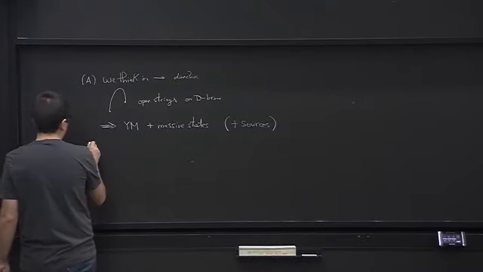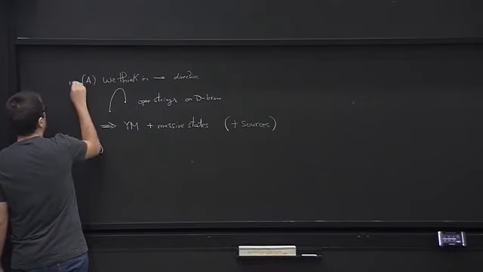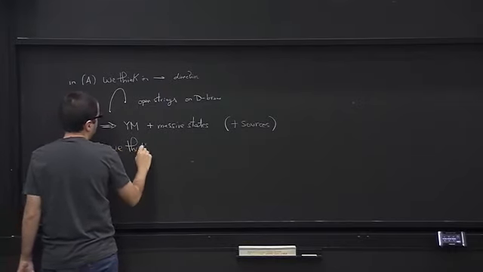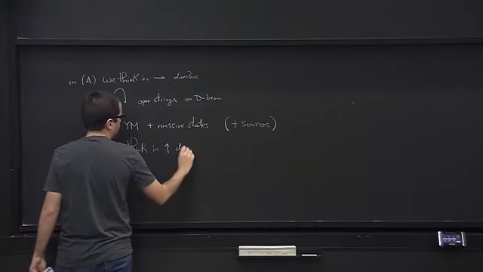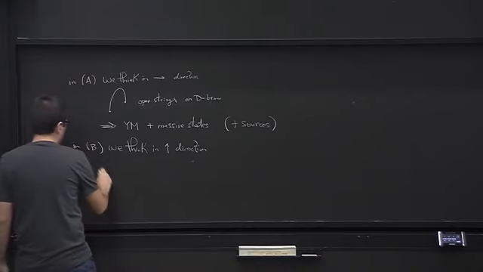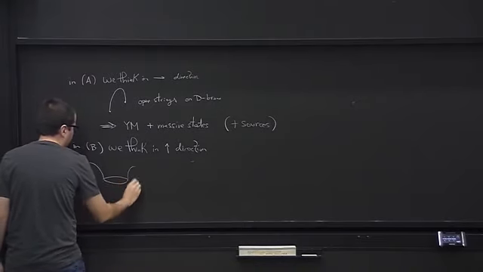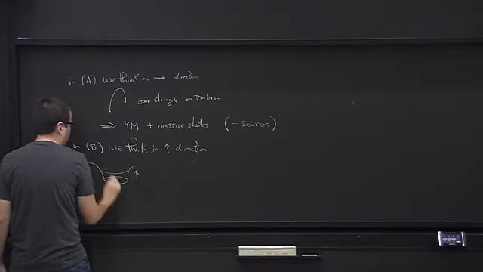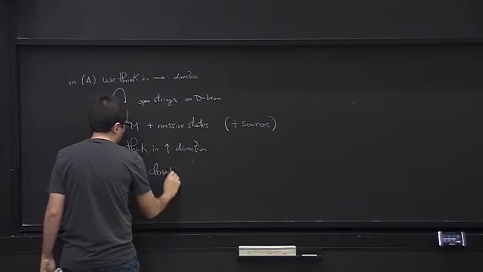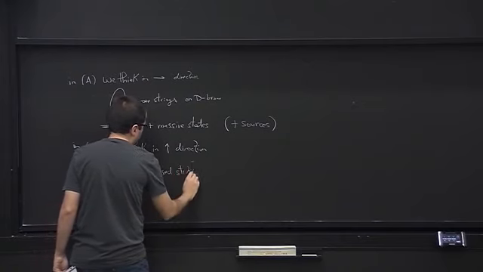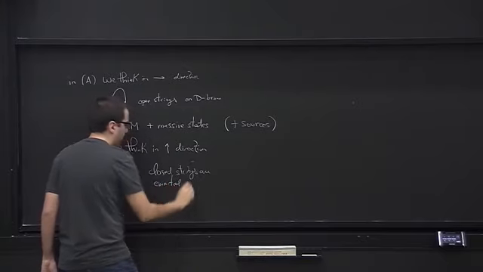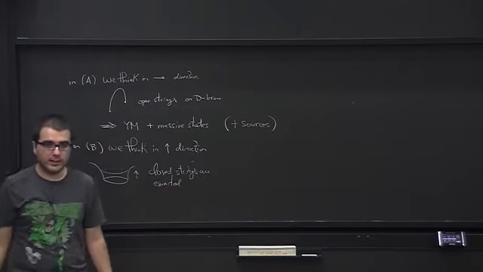In B, okay, we think in this direction. And we think that we have these interactions with the brane, okay, where closed strings are emitted. Okay?